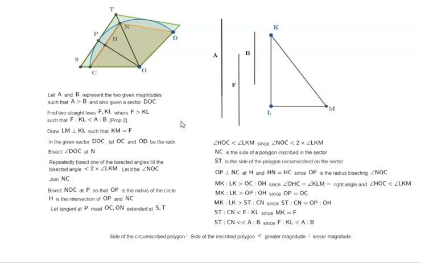So that is proposition number 4 of On the Sphere and Cylinder, book 1 of Archimedes' works.